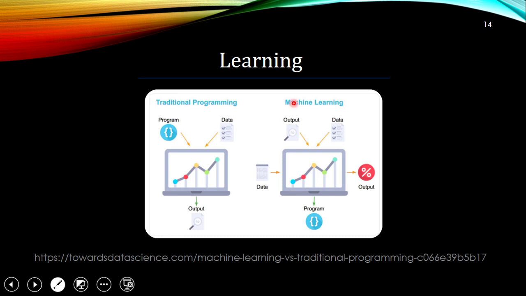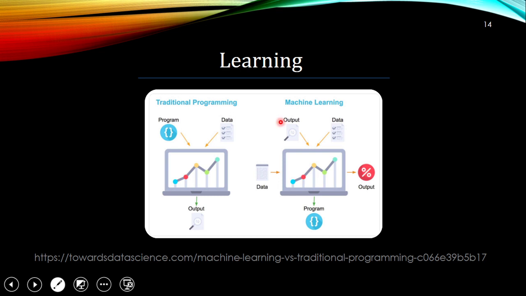However, in machine learning, there are two phases. The first phase is known as the training phase. During the training phase, you will directly supply some data. Along with this data, you will also supply expected outputs for each of this data.